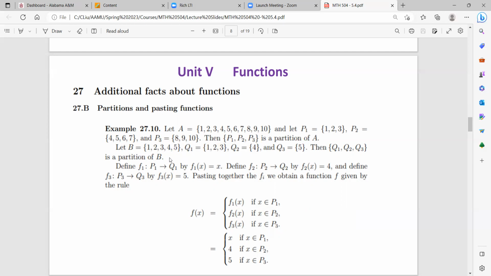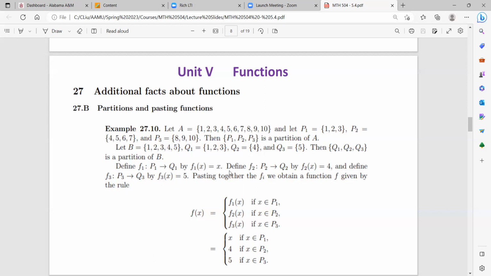Then you can define a function from each P i to each Q i. For example, define f1 of x equal to x from P1 to Q1, define f sub 2 from P2 to Q2 by f2 of x equal to 4, and define f sub 3 from P3 to Q3 by f3 of x equal to 5.